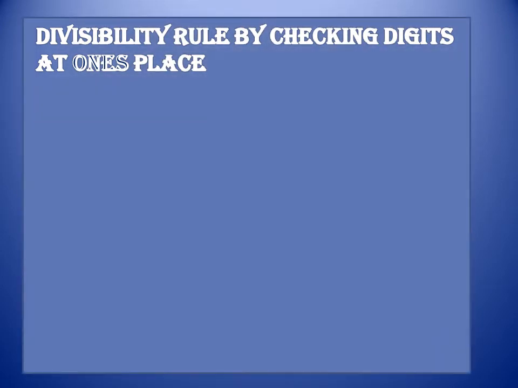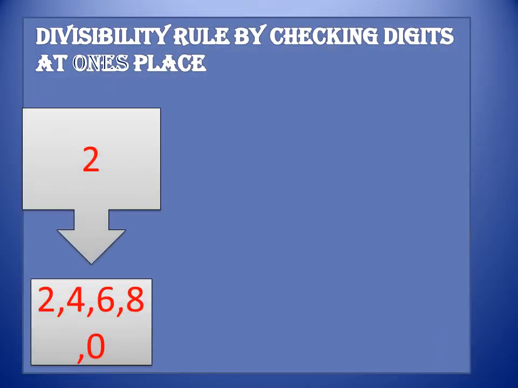The divisibility of 2, 5 and 10 can be tested by checking the digit at the ones place. To check the divisibility of any number by 2, the ones place must be either 2, 4, 6, 8 or 0.